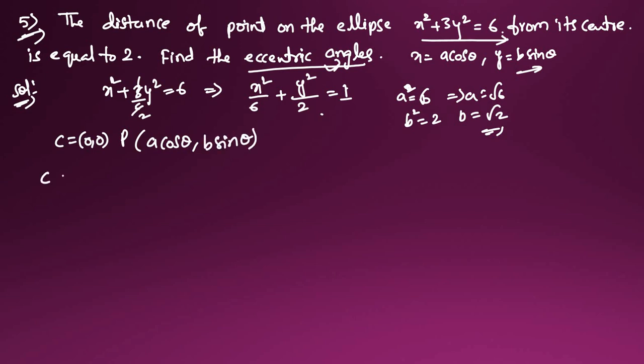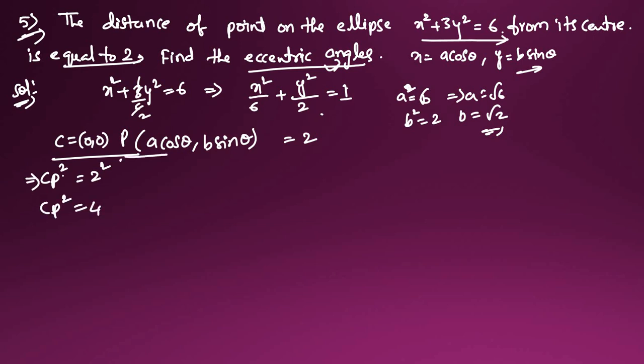So the distance between these two points, CP square, is equal to the actual distance between these two, which is 2. CP square is equal to 2 square, so CP square is equal to 4 will come.